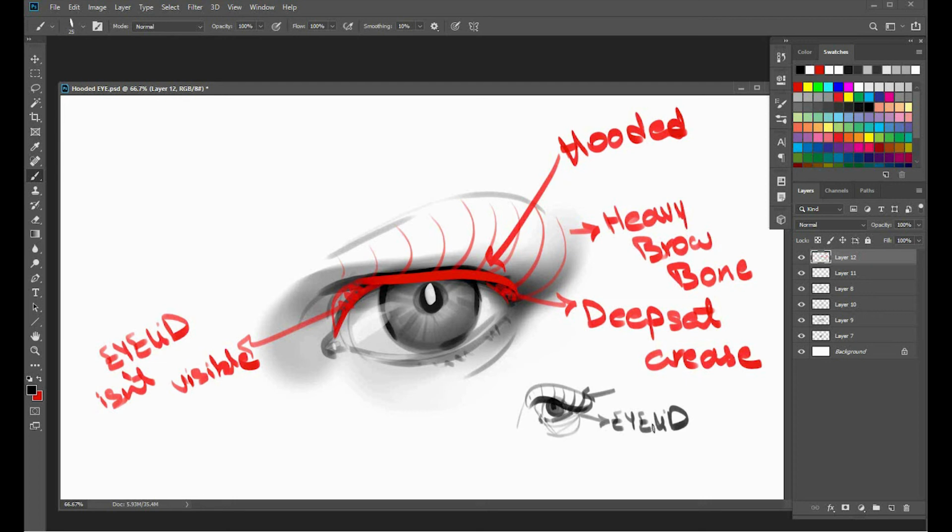As you've aged, your eyelid space has diminished, taking on a hooded appearance.